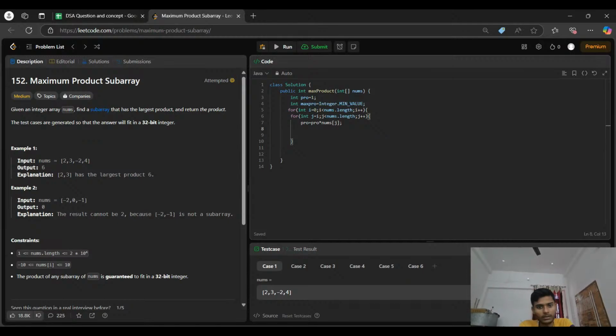The first for loop gives a particular starting point: 2 as a starting, then 3 as a starting, then minus 2, then 4. The second loop helps me multiply and know which is the max value.